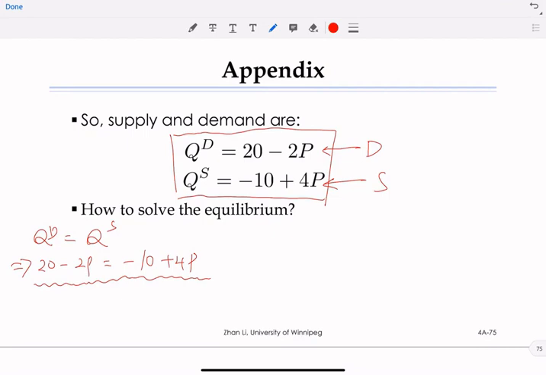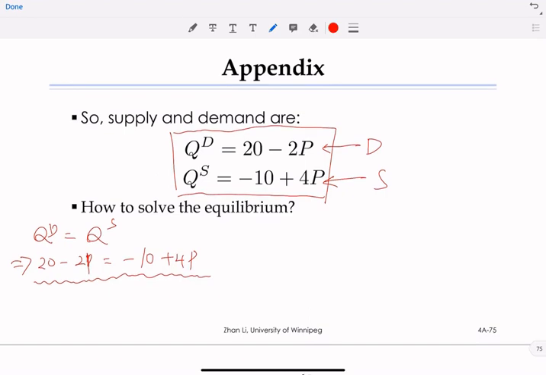Now, how should we solve for the market price? You would want to move the minus 2P from the left-hand side to the right-hand side. So this becomes 20 equals minus 10 plus 4P. Remember that we had minus 2P on the left-hand side, and when you move a term from one side to the other, you have to change the sign.